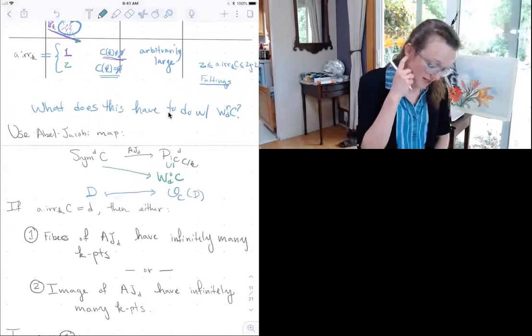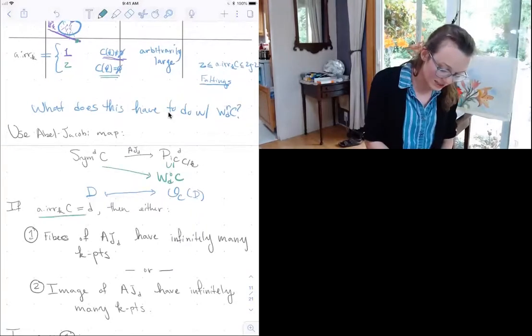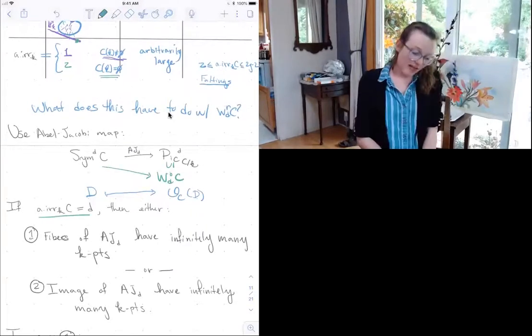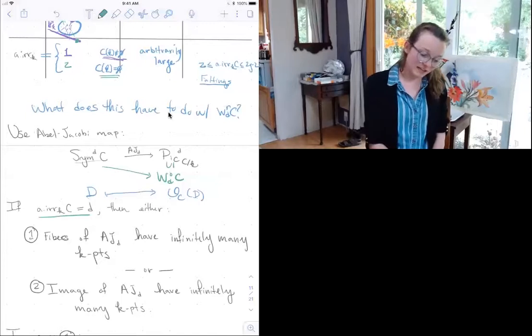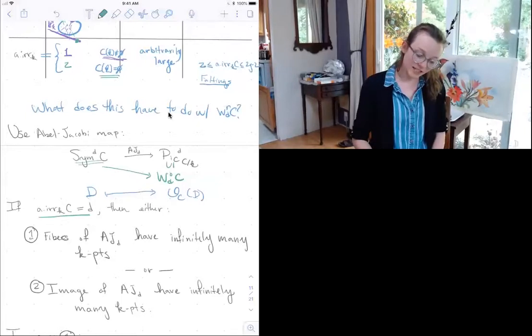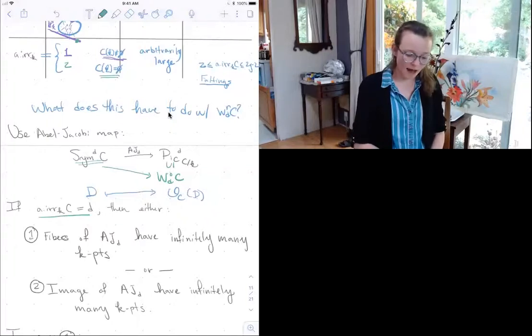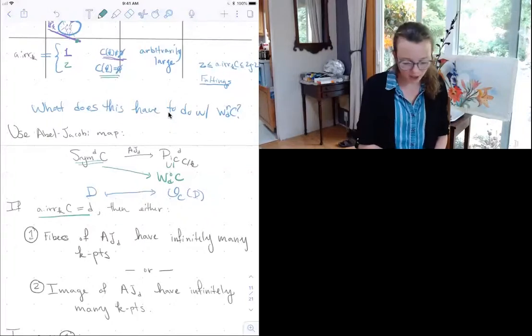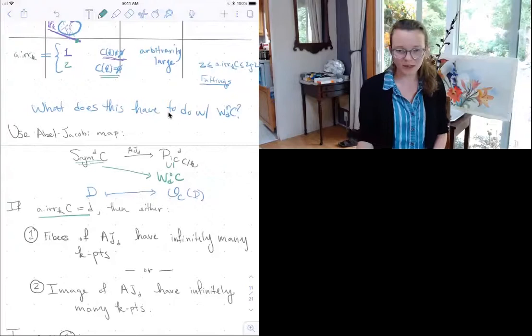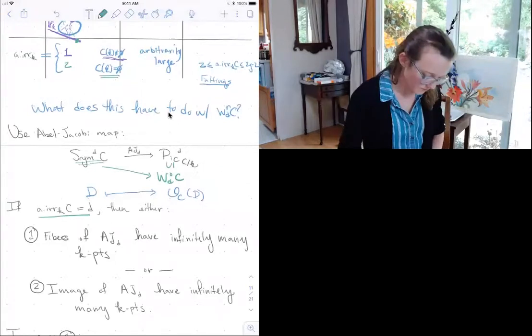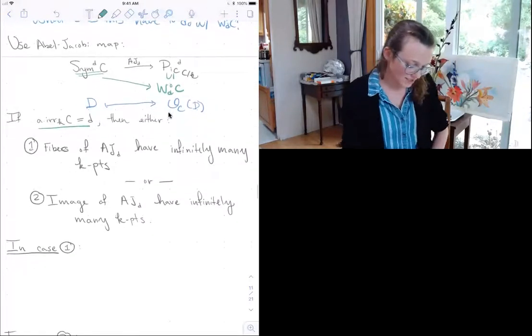So if the arithmetic degree of irrationality is equal to d, then that means that Sym^d has infinitely many rational points. And therefore, we have one of two things happening. Either the fibers of this Abel-Jacobi map have infinitely many rational points, or the image has infinitely many rational points. So in case 1, what's the fiber?